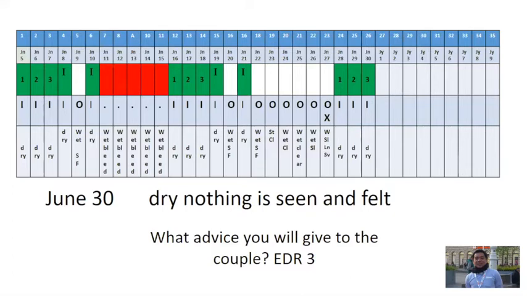Listen, this is the advice. The moment you reach 12:01 of July 1, no need for you to be dry morning, afternoon, evening. After the third day, starting on 12:01, intercourse is already available every day at any time.